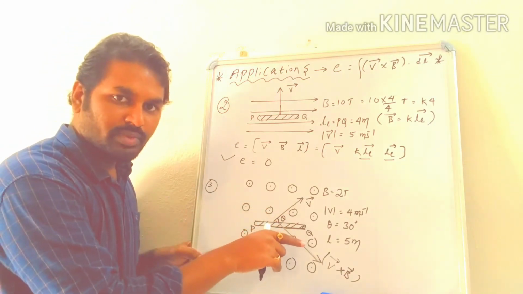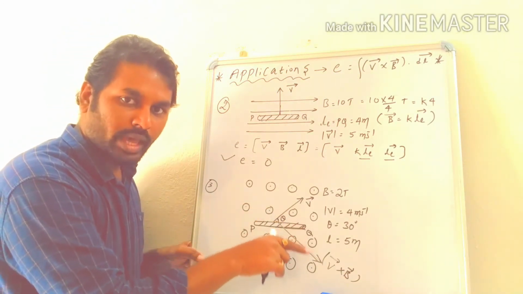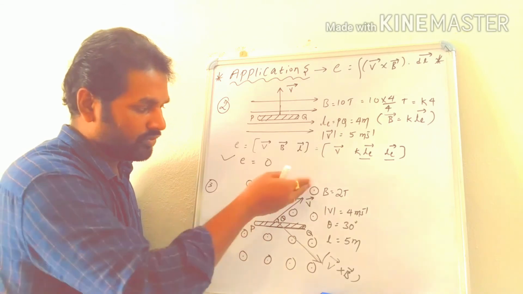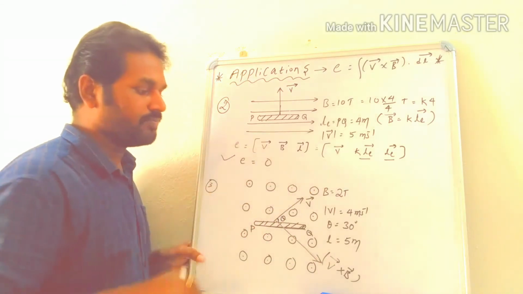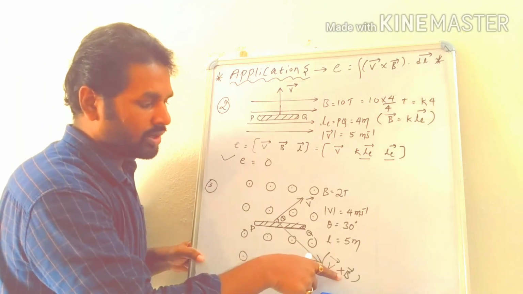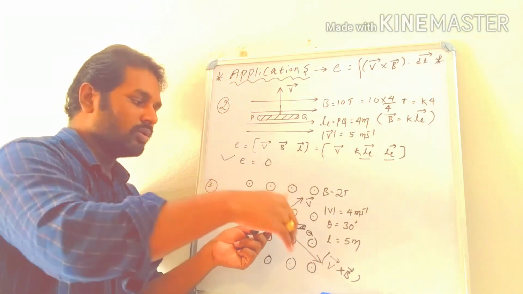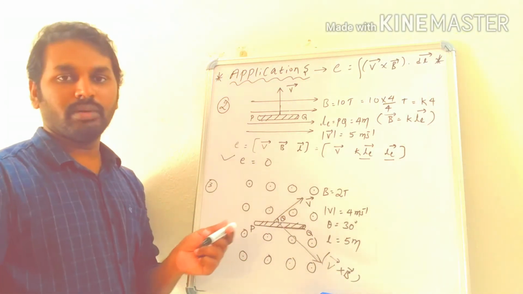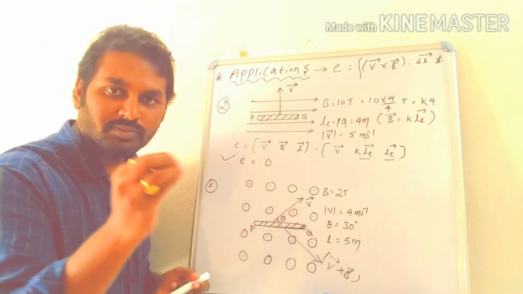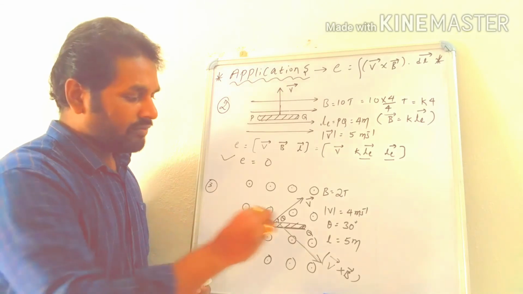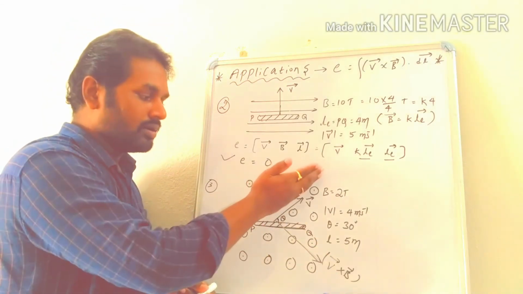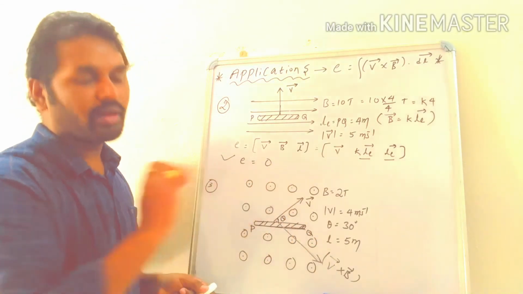This V bar cross B bar is on the xy plane, which is perpendicular to V bar, right? This line is perpendicular to V bar, and also perpendicular to B bar. When B bar is out of the board, this line is perpendicular to B bar. So V bar cross B bar is on the xy plane, and it is perpendicular to V bar and perpendicular to B bar also.